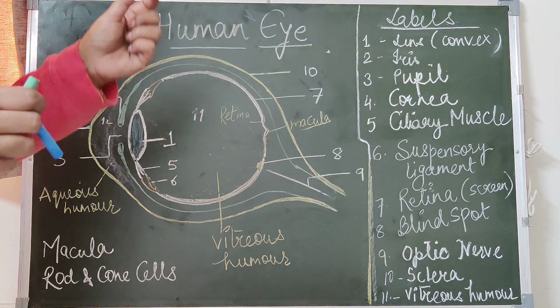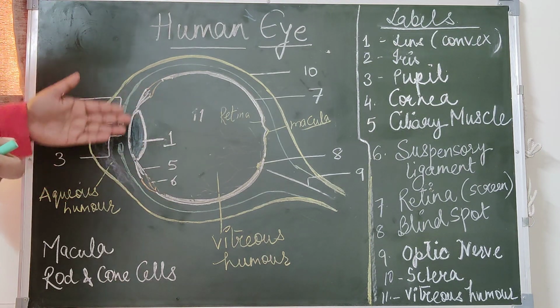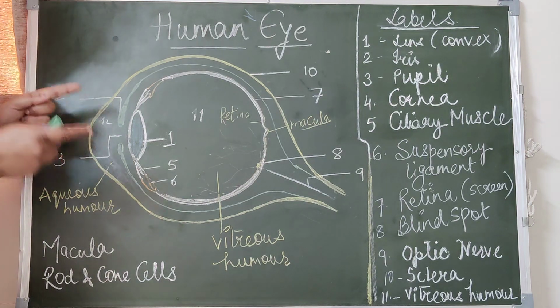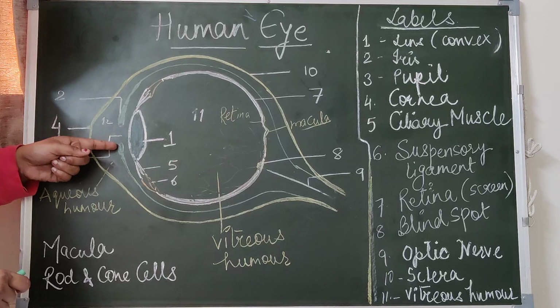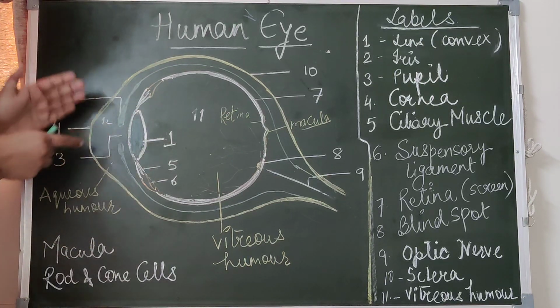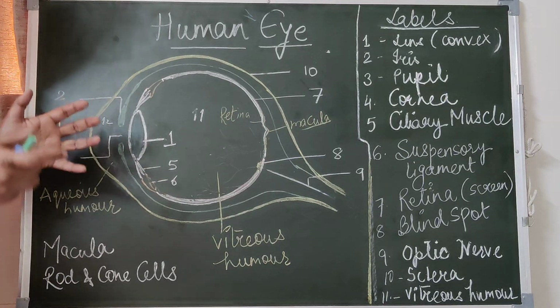Now pupil is changing its shape. It becomes smaller, it becomes bigger, depending on whether it is going in a bright light or it is going in a dark room. So if you are going into a dark room, the iris moves away, gives a bigger space to light to get into the eye, so that the eye can see a lot of things.